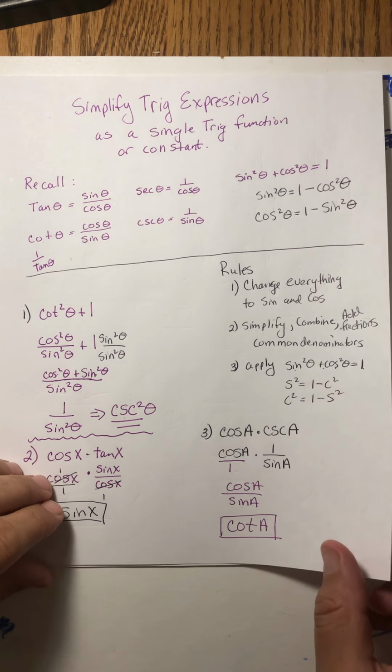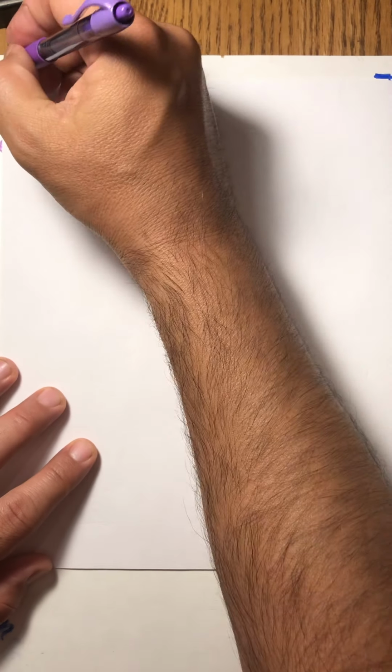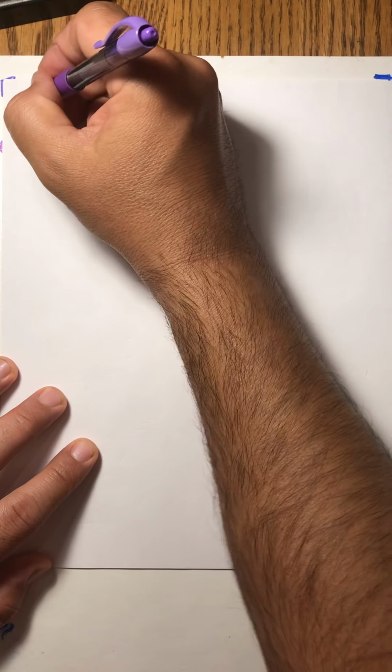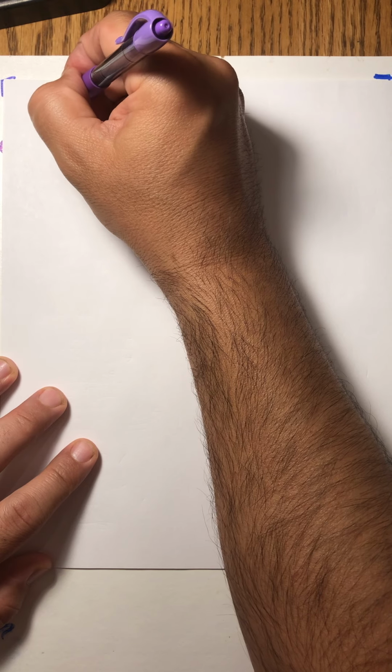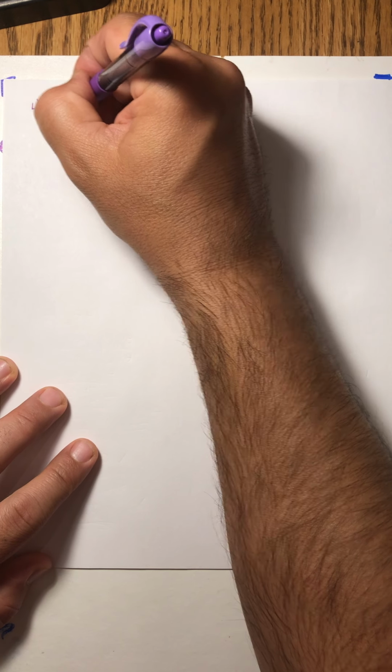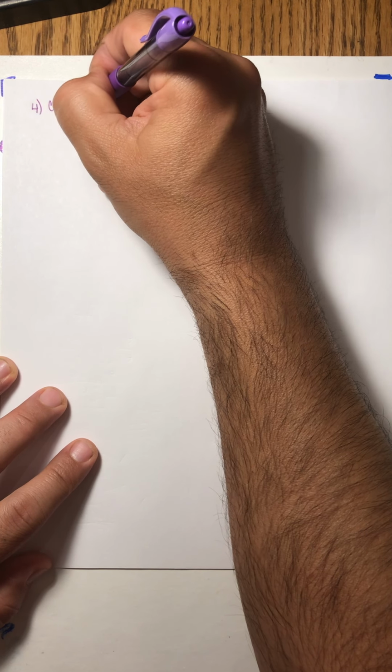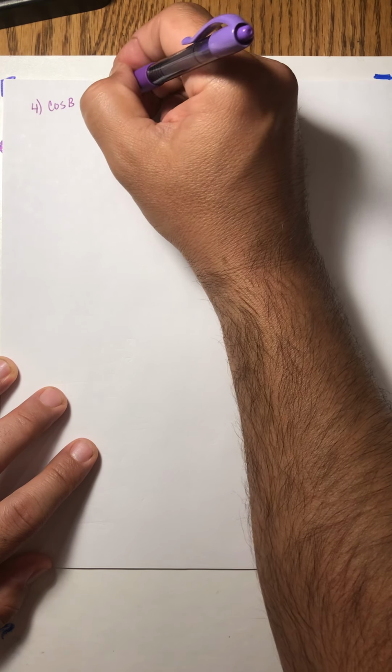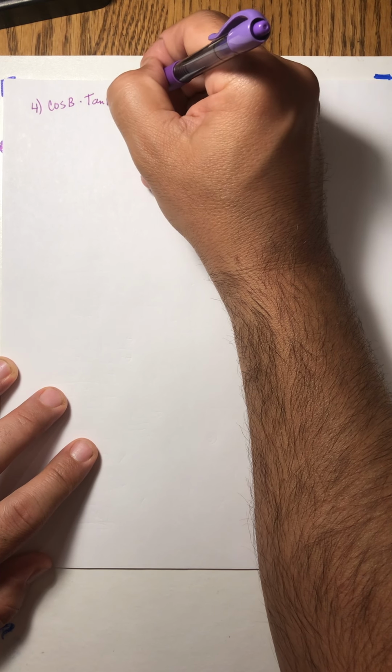All right, let's do a couple more. Cosine of b times the tan of b times the cosecant of b.